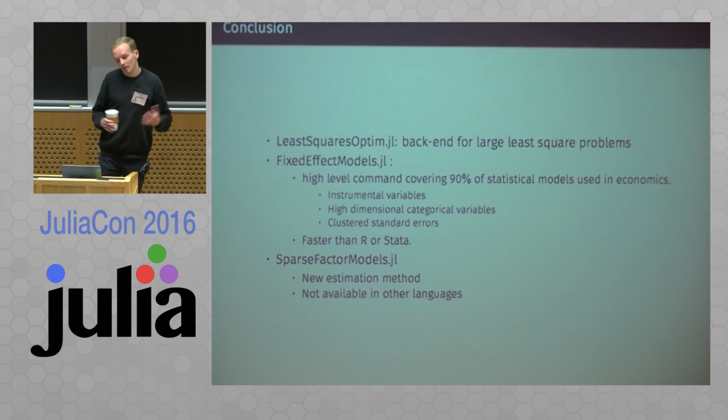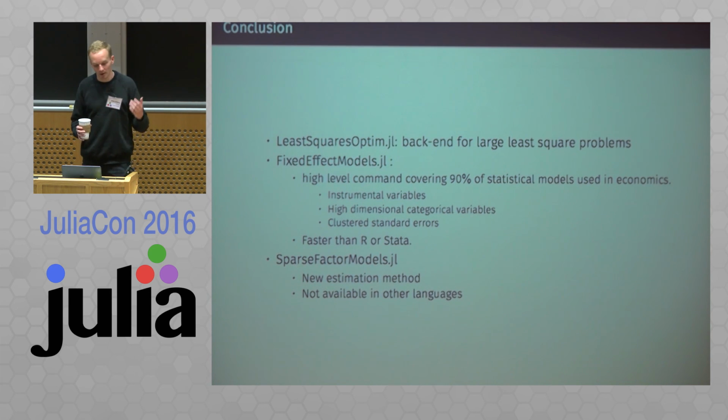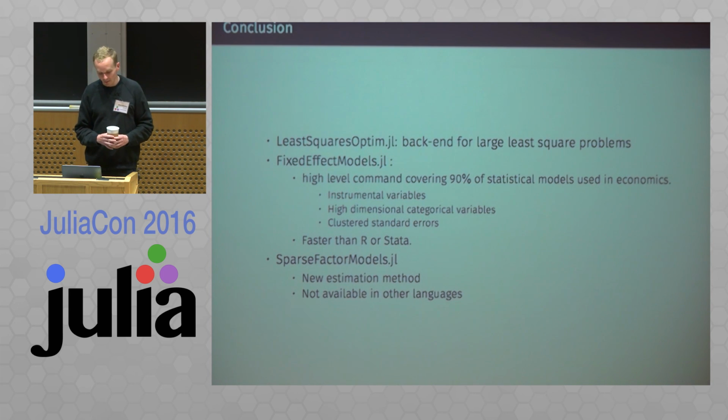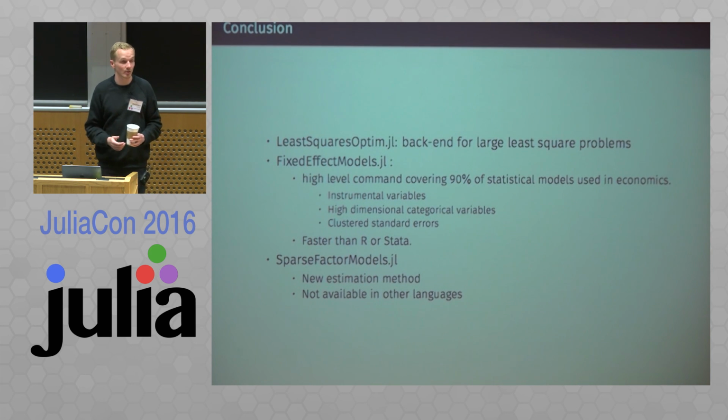Okay, so in conclusion, I built this least squares optimization package to solve least square problems. They can be linear or nonlinear, and I use them in two high-level packages. The first is the fixed effect model, which is like 90% of what applied researchers do in economics. It also does instrumental variables, which I don't talk about today, but it's a very big thing in economics.